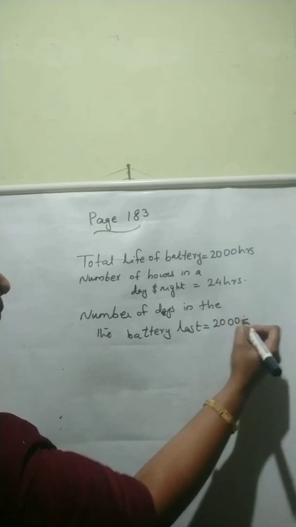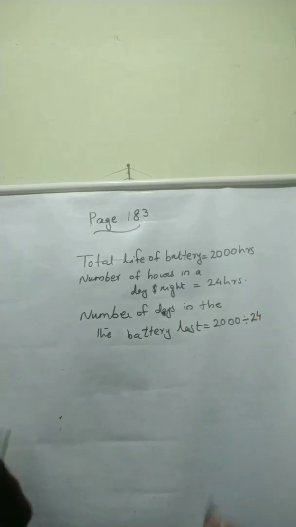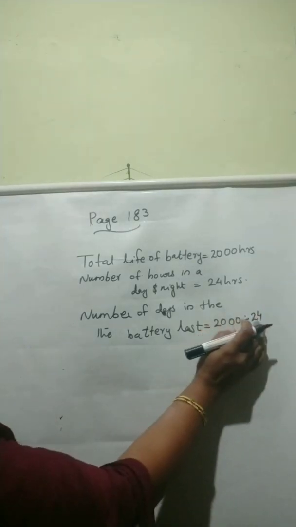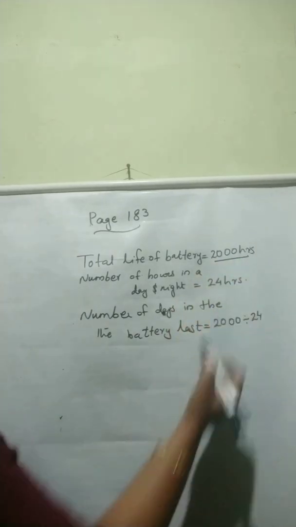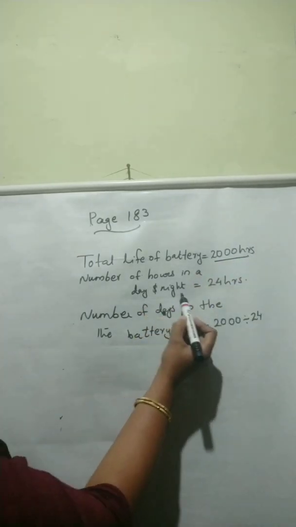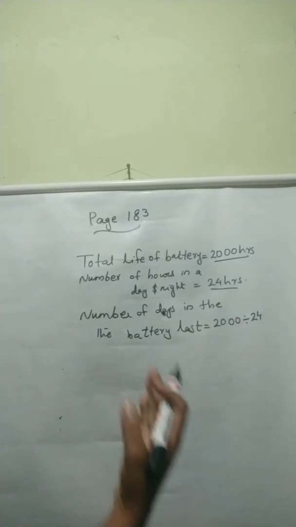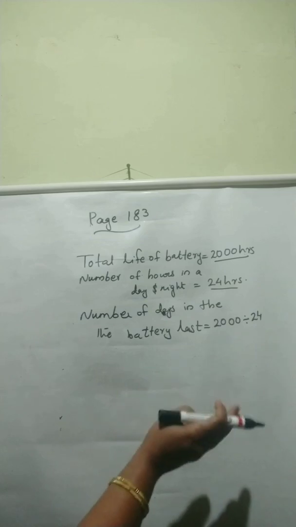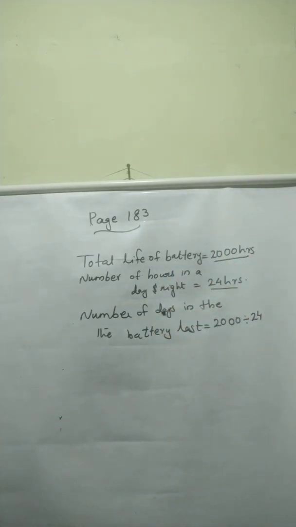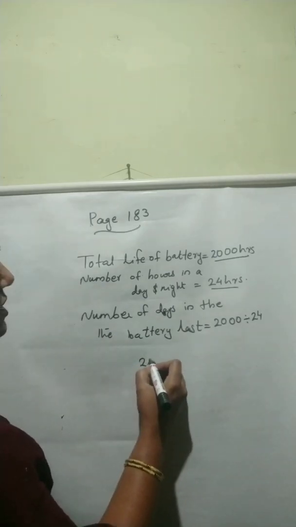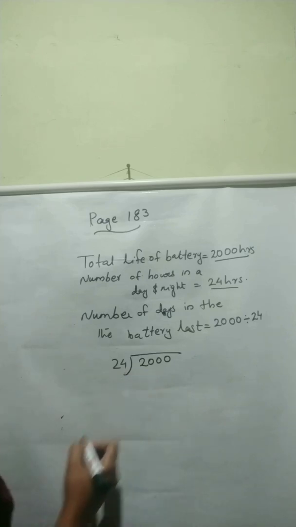We have to think about how many days there are, so we can divide this by 24, total divided by 1 day. For 1 day, that is 24 hours. So how many days will this battery last? We can write 2000 divided by 24.